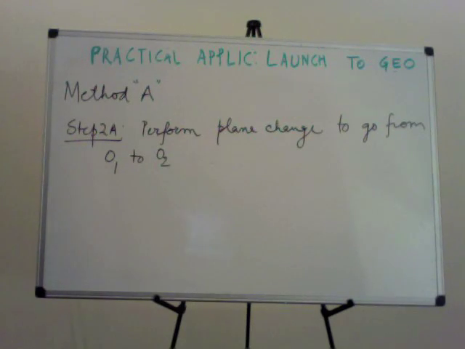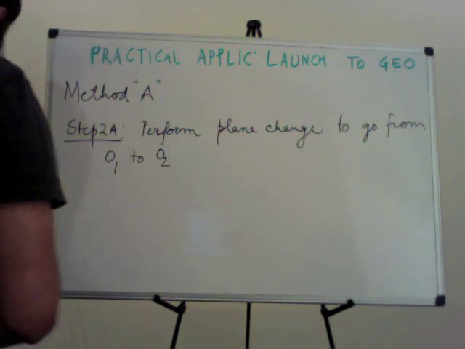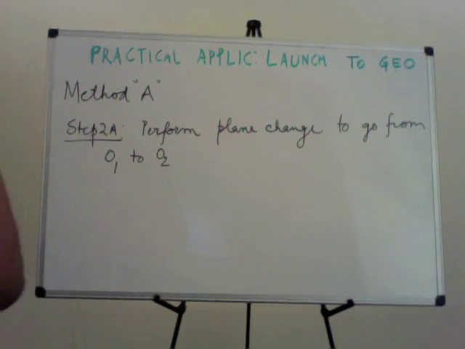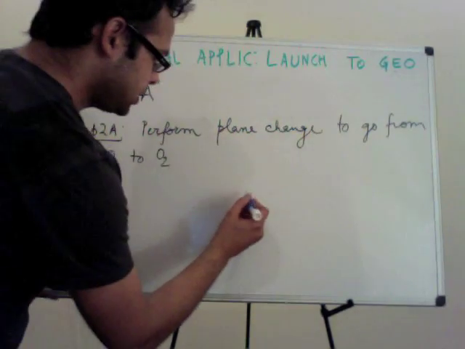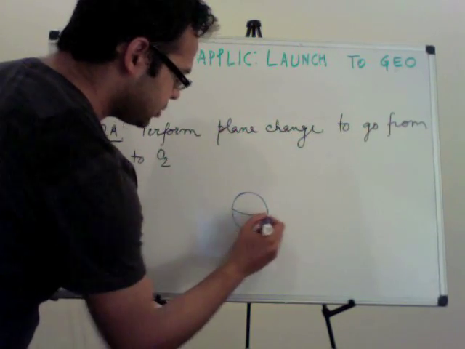Now, we don't want to change the radius of the parking orbit. We simply want a pure inclination change. From our study of single impulse maneuvers, remember that a pure inclination change can be achieved by a rotation of the velocity vector, and that rotation must take place at either the ascending node or the descending node. If I draw that picture again, here's the Earth and the equator.